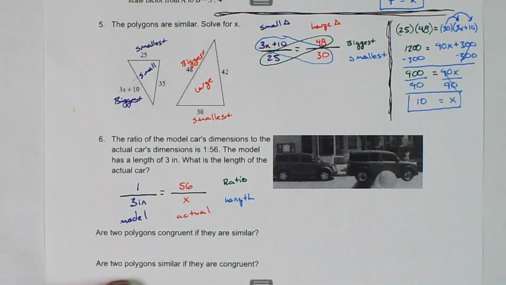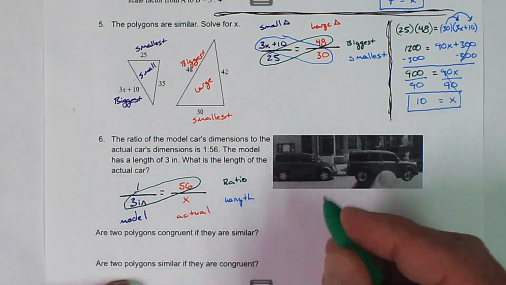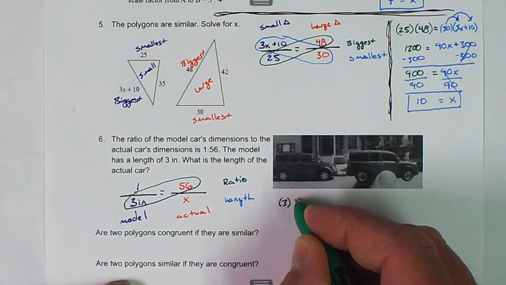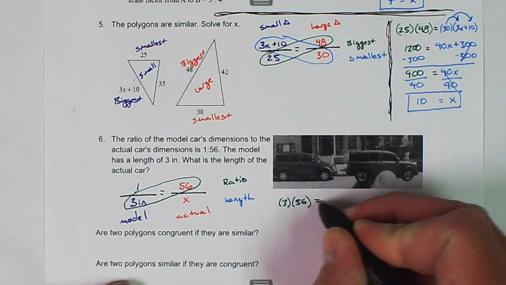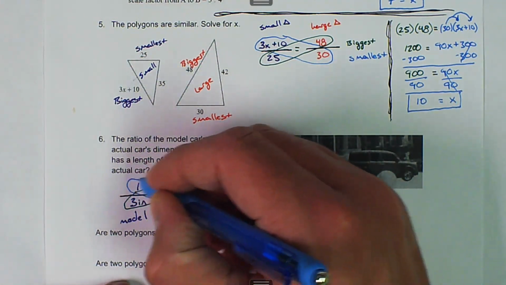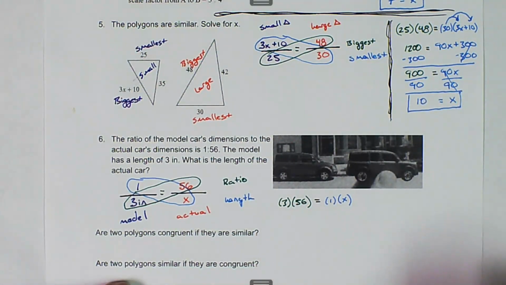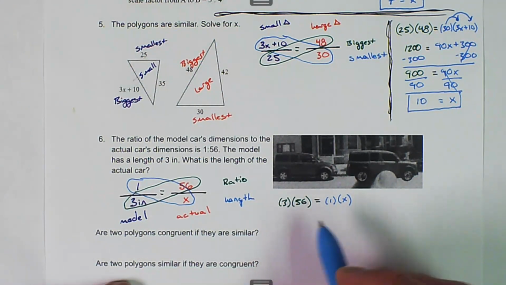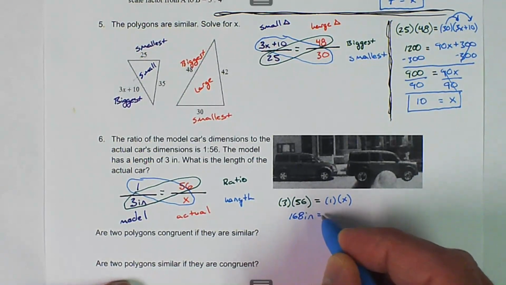So we do our means and extremes, and we can say 3 times 56 is equal to 1 times x, which is, I can write down 1 times x, and 3 times 56 is 168 inches is equal to x.